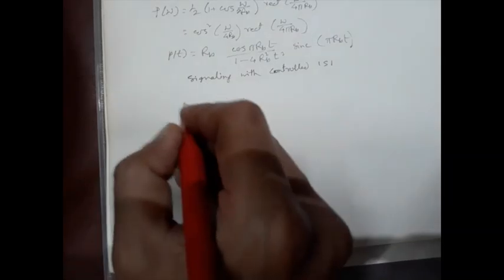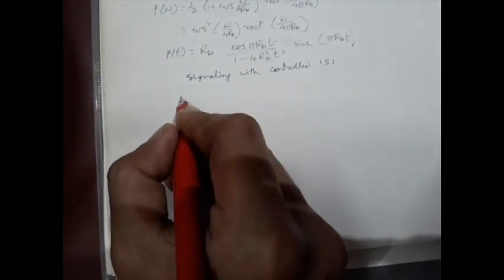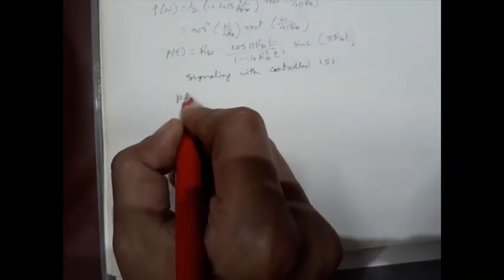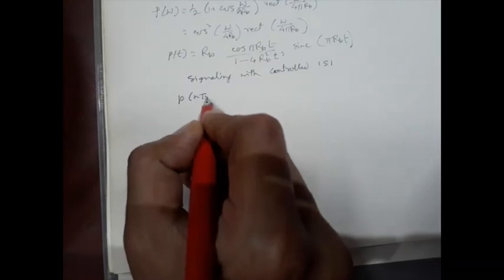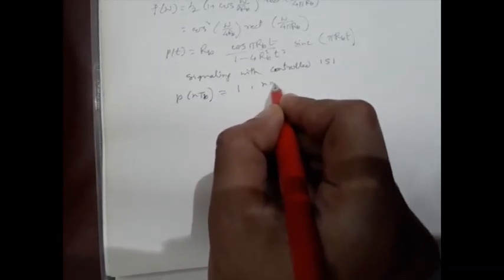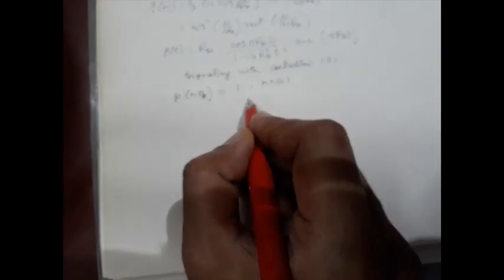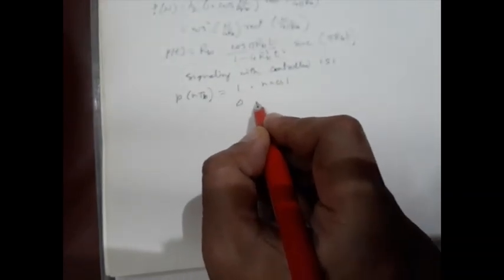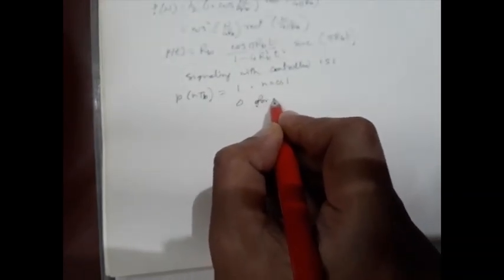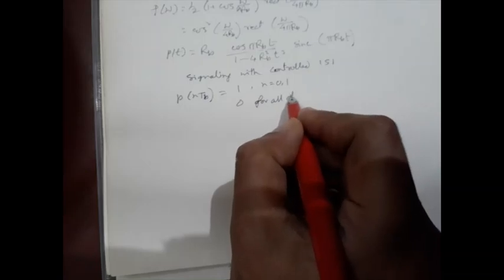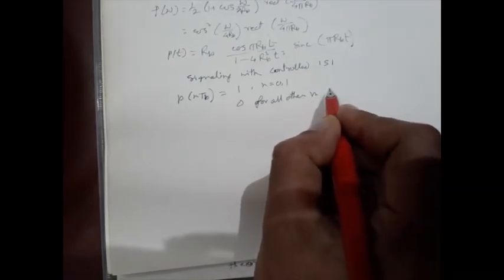So now consider a pulse satisfying this criterion, say p(nTB) equal to 1 for n equal to 0 and 1, and 0 for all other values of n.